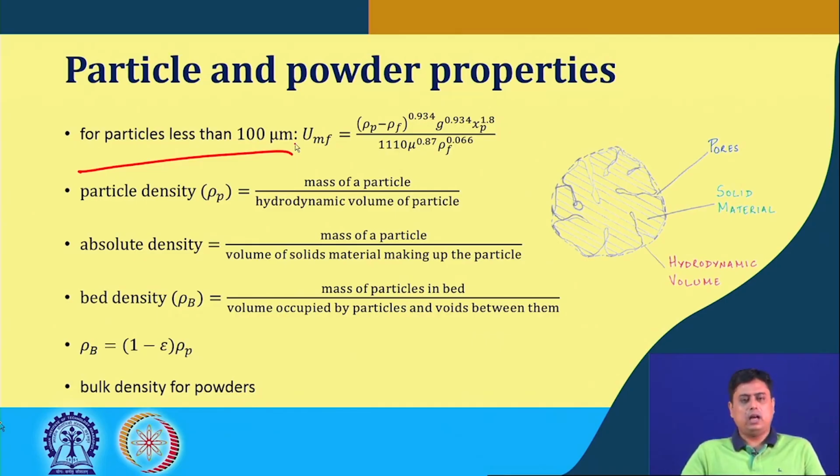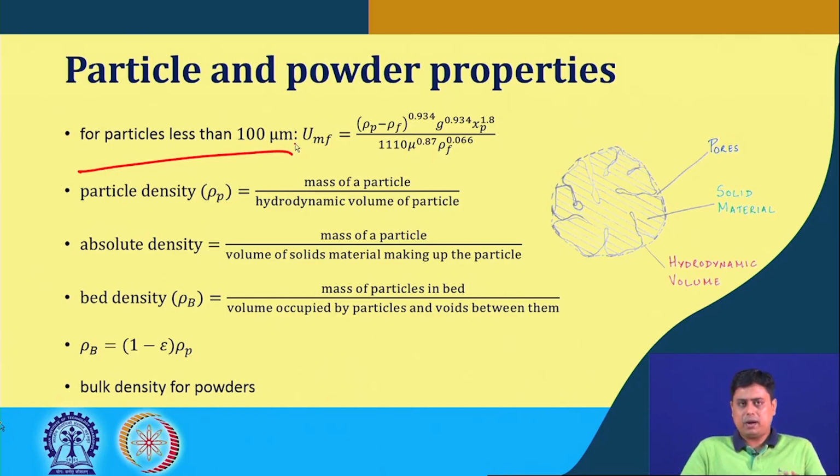Now, as I said, the other parameters we must know during fluidization include the particle density. In fluidization, particle density is not the absolute density. The absolute density deals with the density of the solid material of which the particle is made.